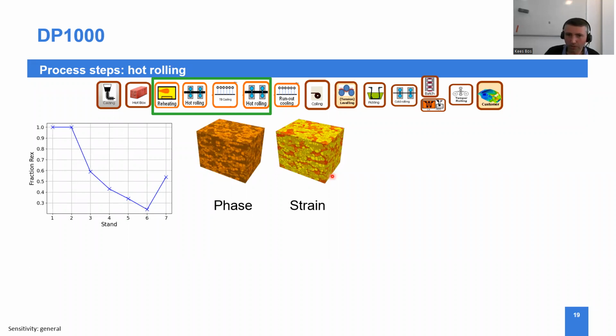Of course, this is not a nice output for a 3D model, so we can also have a look at the 3D microstructure. So this is then the microstructure at the end of the finishing mill. And in the bright orange, we see the recrystallized ferrite and still deformed austenite, which of course matches with the strain map.